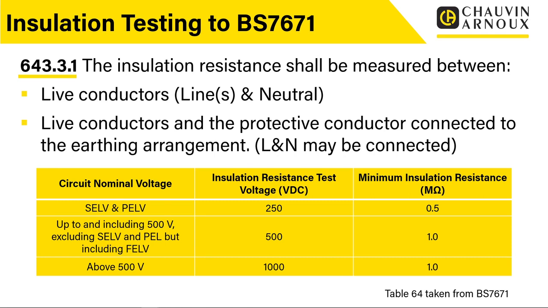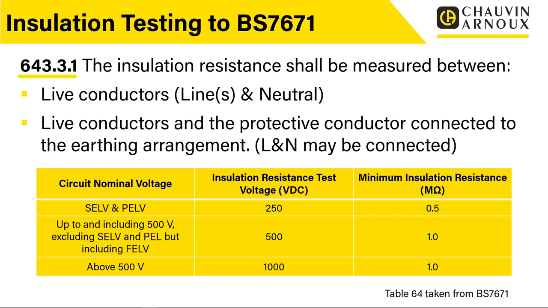These are just the minimum safe values that they record in the book. So although you see these as the specified values, you would expect these values to be multiple times higher in a normal electrical installation. So that's SELV and PELV, test at 250 volts.